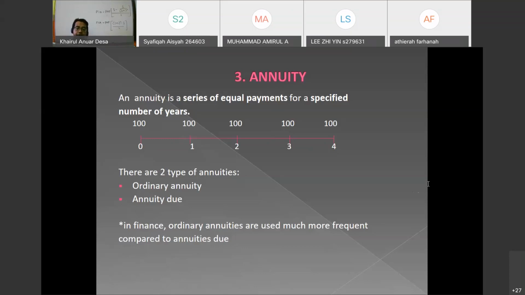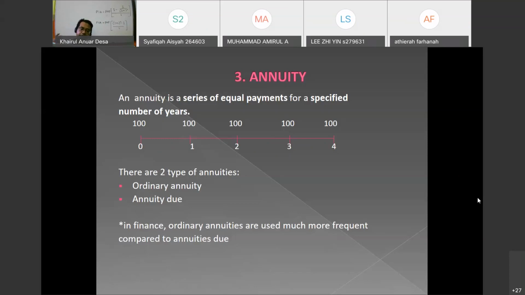We know already the rental agreement. So the payment of the rental is for 5 years, and we receive, let's say, 700 ringgit per month for 5 years when we rent out our factory, our house, for example. And also the insurance payment, the premium.